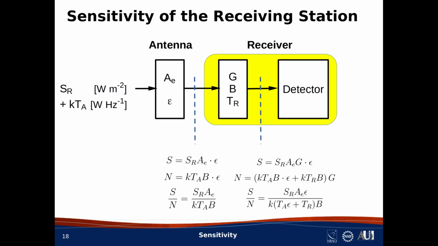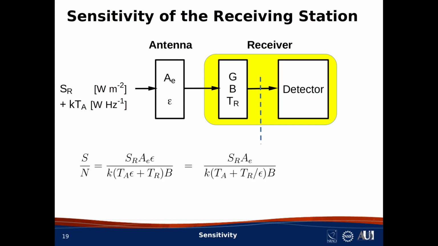The receiver gain, G, cancels, and it cancels for the same reason it cancels for MDS. However, the efficiency, epsilon, no longer cancels. The reason this expression depends on epsilon is simply because the noise injected by the receiver is independent of the efficiency of the antenna, because it doesn't pass through the antenna. So, pre-detection signal-noise ratio does depend on epsilon.